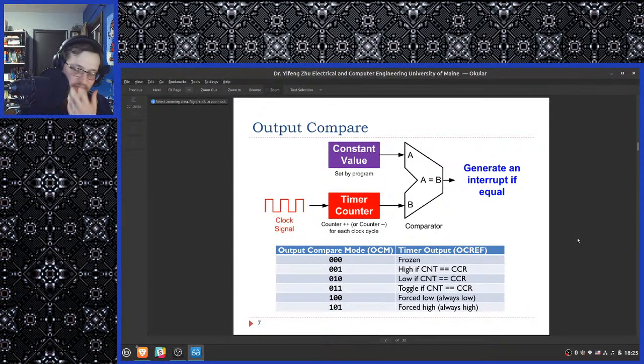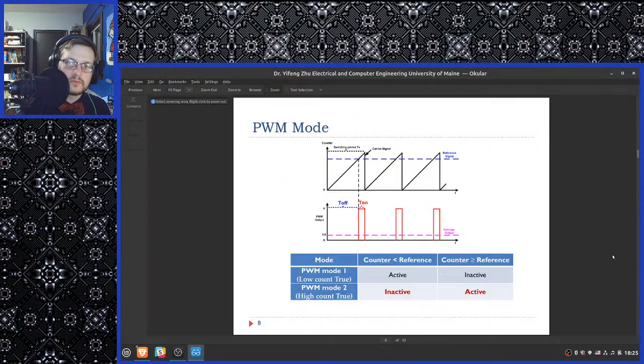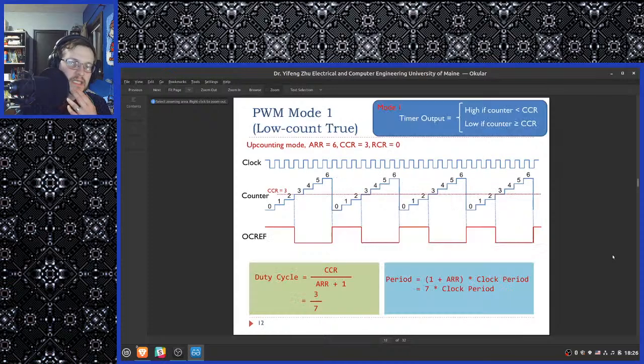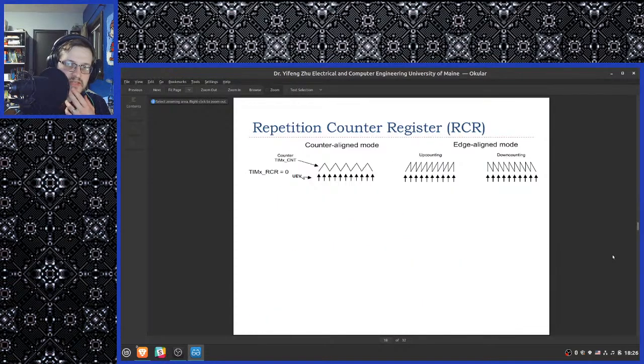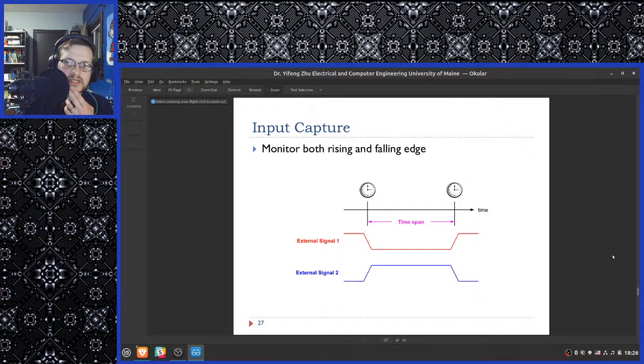All right. Are there any further questions? It's kind of funny because in this slide deck we don't get to actually timing things with timers until relatively late. Here's input capture.